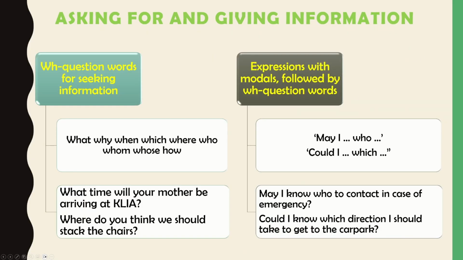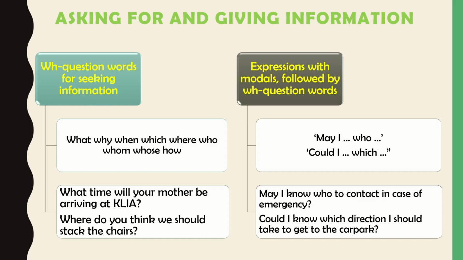Okay, we move back towards asking for and giving opinions. So you need to focus on these few things. When you want to ask for opinion, a very good thing to remember is that you will use the WH questions to seek information. What are the WH questions?